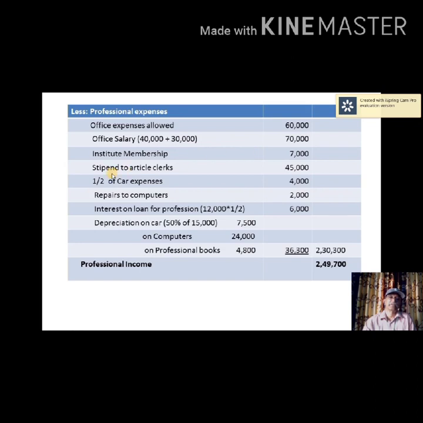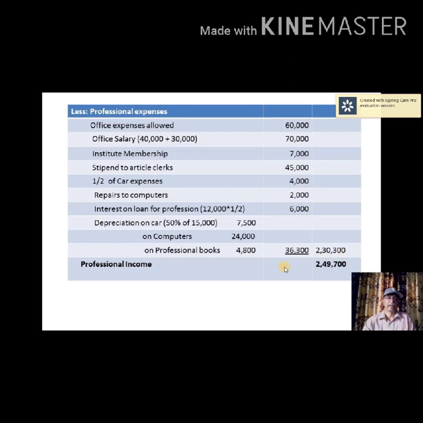Institute membership fees, stipend to article clerks, 50% of car expenses which are incurred for professional purpose, repairs to computers, then interest on loan for profession, so only 50% should be considered here. Then depreciation on car, 50% of 15,000 because the car is used 50% for personal purpose. Of course, depreciation on computers 24,000 and on professional books as it is here to take. So total professional expenses are 2,30,300.